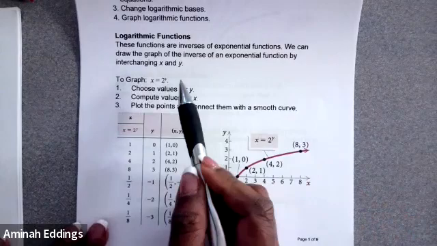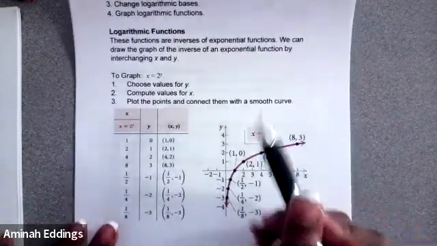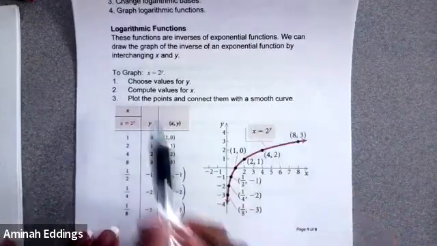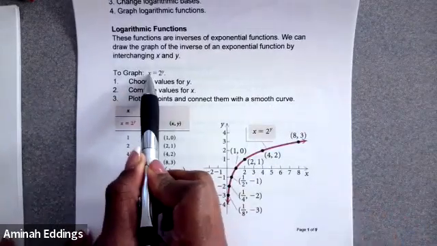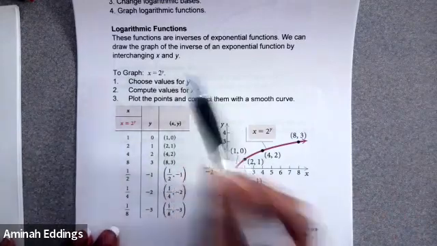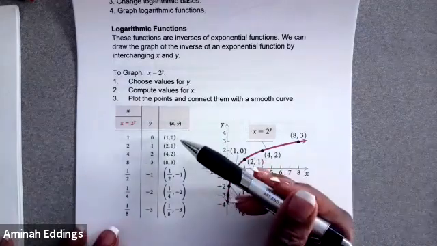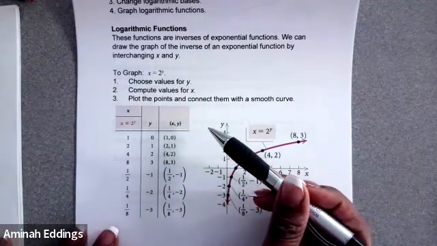Okay, so we would have to, but we can plot this by hand. We would just do it a little differently. So because it is solved for x, then we are going to choose values for y, substitute them in, and then figure out what our x coordinate is.